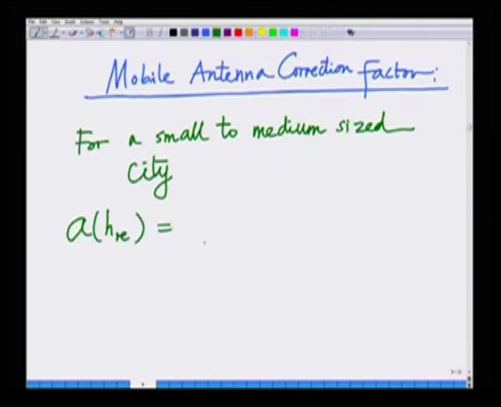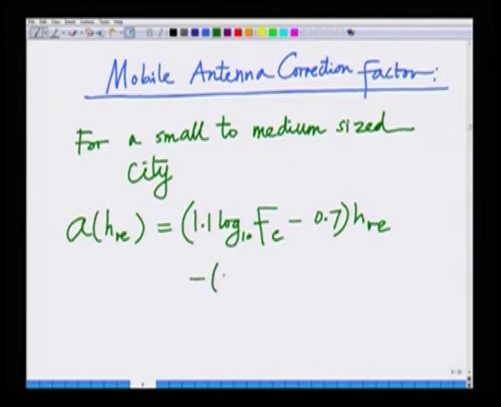A(HRE) is given as 1.1 log 10 Fc minus 0.7 into HRE minus 1.56 log 10 Fc minus 0.8 dB.